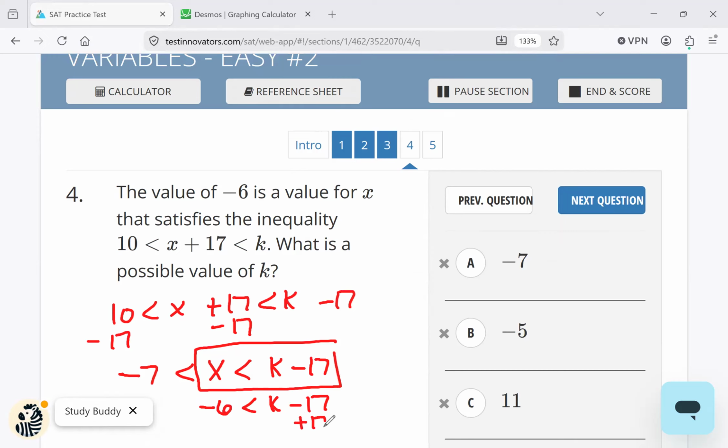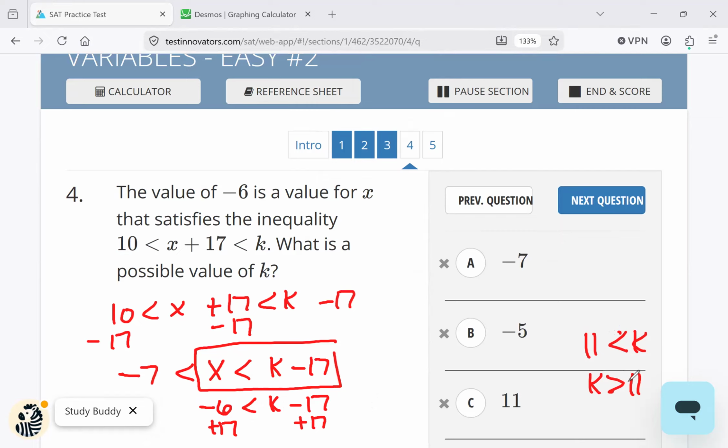And then add 17 to both sides. 17 minus 6 is 11. 11 is less than k. Now, this is backwards. It's really k is greater than 11.